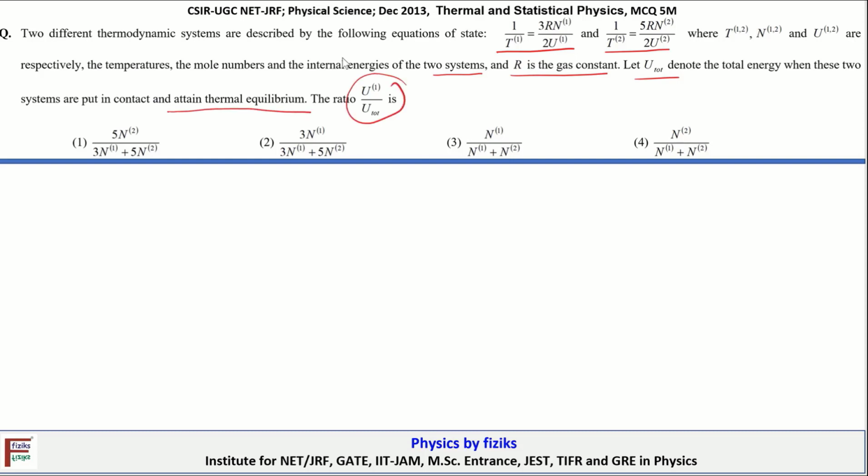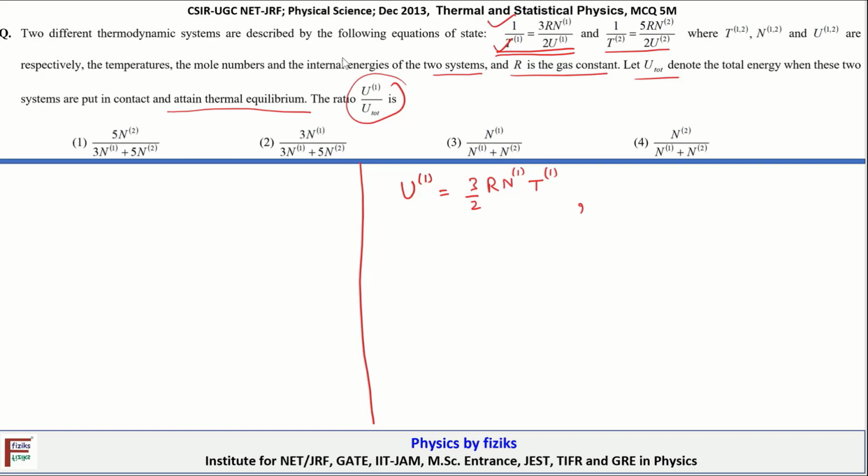So let's take a look at the things which are given to us. We are given an equation between the temperature, internal energy and the number of particles in a system. From this equation I can write the internal energy of system 1, U1, rearranging this expression, as U1 equals 3 by 2 R N1 T1.